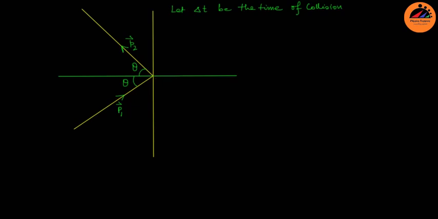What I ask you to do is, take this as the origin, this as the x-axis, this as the y-axis. Now resolve P1 into its x component times i cap plus its y component times j cap.